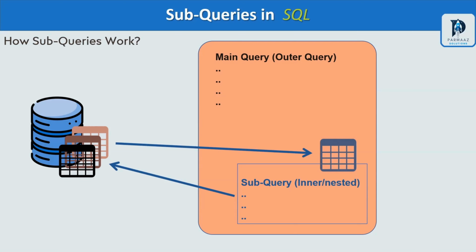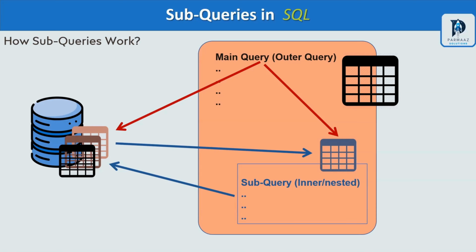You won't see this result, but once you get the result from the subquery, the main query is executed, which uses this result from the subquery and communicates with the SQL database to get the other information and produce the final result. So that is how the subquery works in SQL.